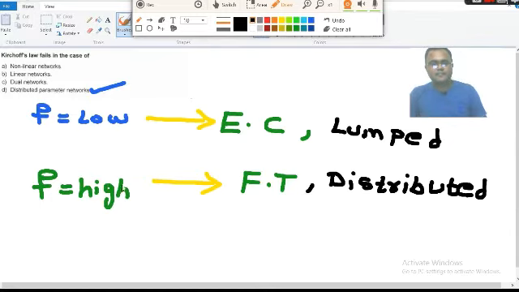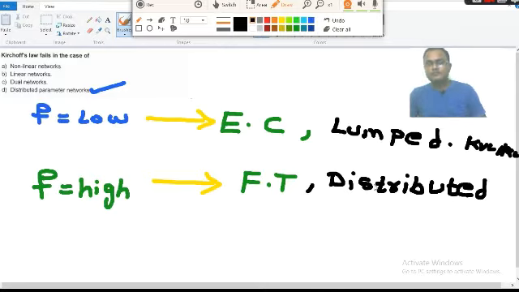But when the frequency is very high, we deal with those circuits by field theory. In field theory we always get the most accurate results, but in electric circuits the results are very approximate. So in the high frequency zone we cannot lump the parameters, the resistor, inductor and capacitance. Therefore these are called distributed parameters. In a lumped network, KVL and KCL are satisfied, because we can easily write expressions for the lumped circuits, and in those equations we can apply KVL and KCL.